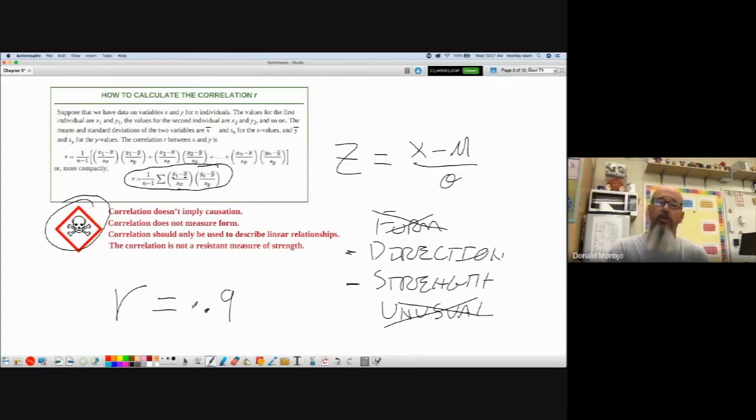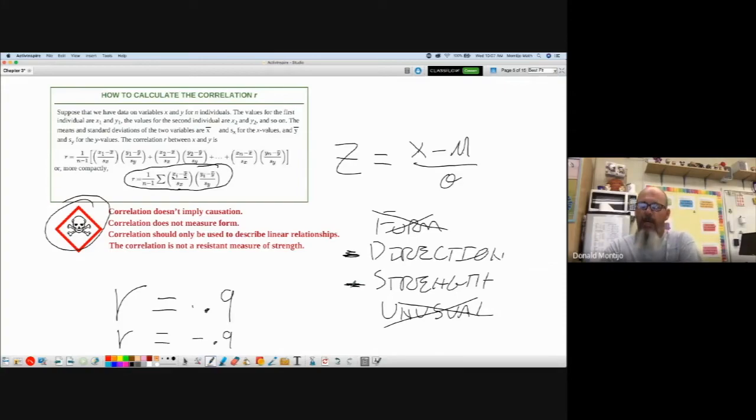The closer we get to 1 and -1, the stronger the relationship is. So if we had an R of -0.9, it is equally strong as positive 0.9. It's just a different direction. So again, R only can tell us direction and strength, but it cannot tell us form or identify any unusual relationships.